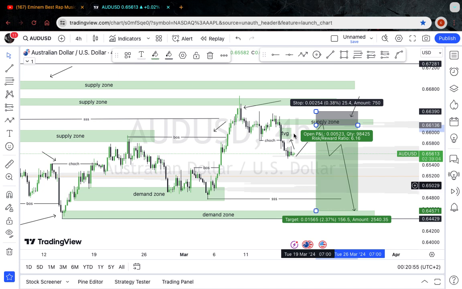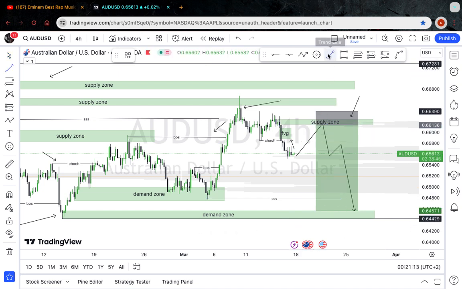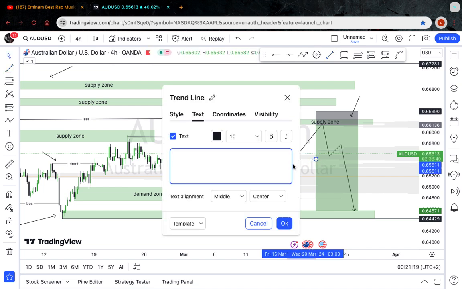That's where we are targeting right now. We are waiting for the market to take out this fair value gap, mitigate the supply zone, and then we start monitoring sales from that supply zone to this demand zone. So exactly here we are going to be expecting a break of structure to indicate that the market is definitely going to continue pushing to the downside.